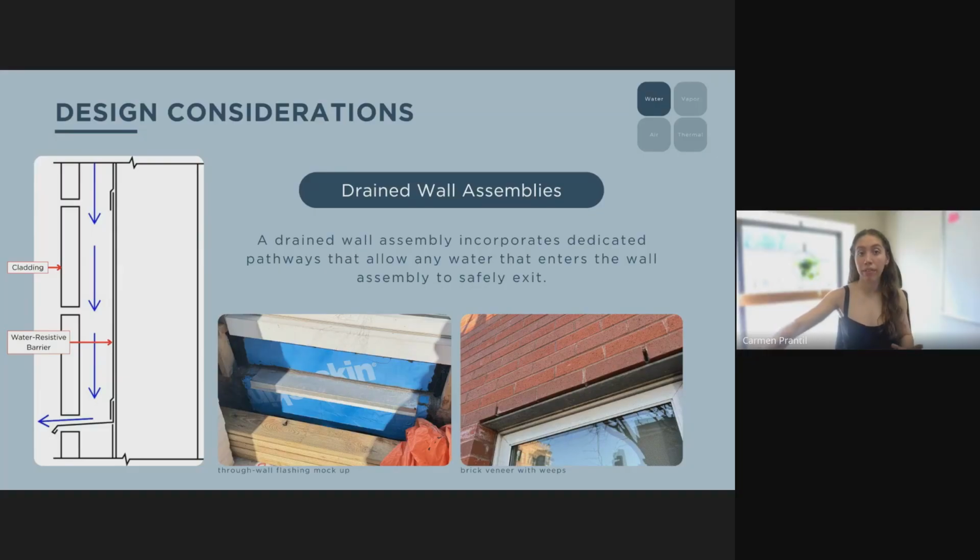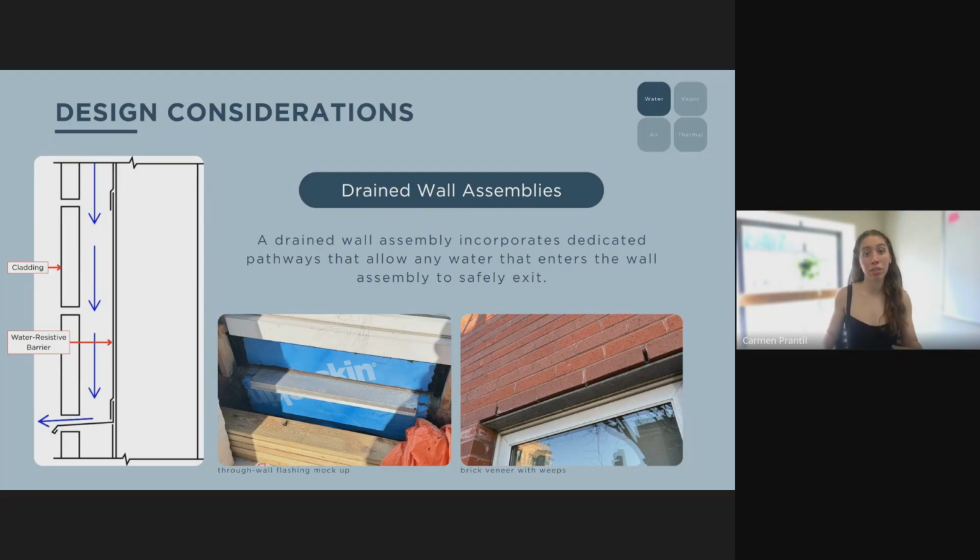These walls have two lines of defense. The first being the cladding, if I can get my cursor to move correctly, up and down, there we go. The cladding, and then your second line of defense, the suspenders to your belt, if you will, is your water resistant barrier back here at the backup wall with your flashing down at the base of wall.